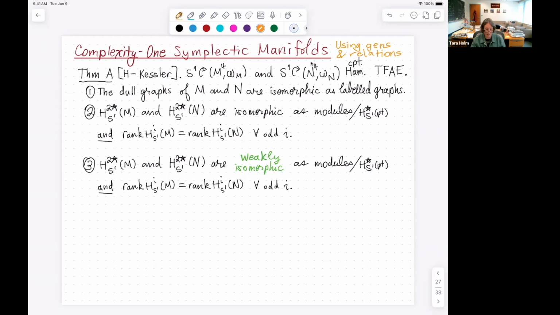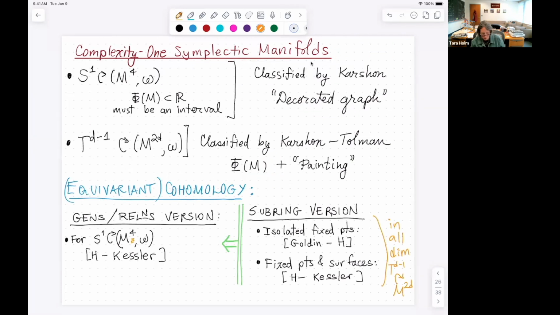We were able to, from the equivariant cohomology, so the theorem, this is the first theorem, says that the following things are equivalent, that the dull graphs, oh shoot, didn't tell you what the dull graph was. Ah, right, we had a decorated graph from Carchon. The decorated graph had to contain all of the moment map information, that is what tells you the symplectic structure in the end. The dull graph basically forgets that.